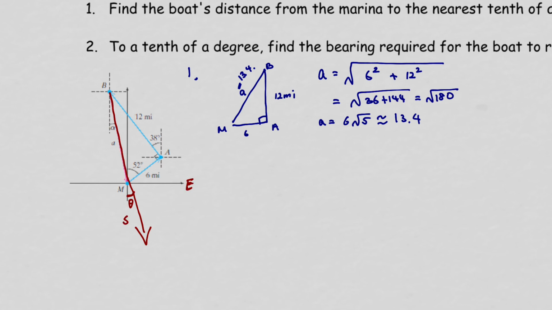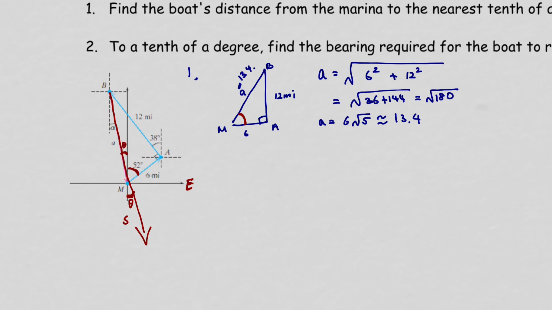And we need to find this angle in order to get the proper bearing. How do we find this angle? This angle is the vertical angle of this angle. So if we know this angle and subtract this 52, that will give you your theta, right?